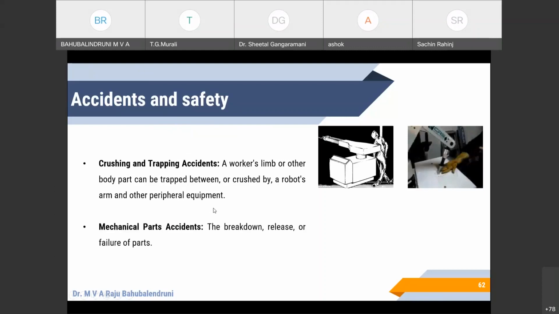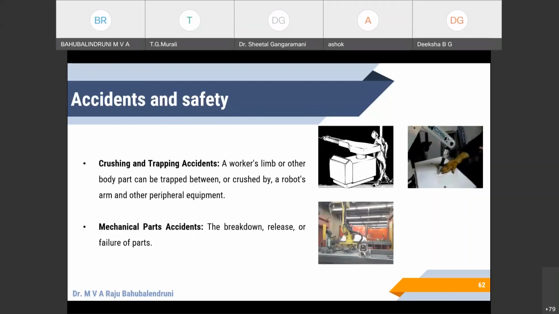And the fourth one is mechanical parts accidents. These generally happen due to the breakdown, release or failure of parts. If we do not do appropriate maintenance frequently, these mechanical part accidents typically occur. We have a special session even for accidents and safety by an expert from an industrial safety background.